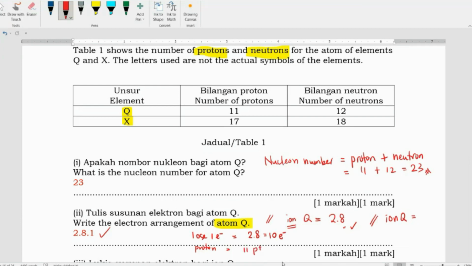Proton is positive, electron is negative. So 11 protons, 10 electrons. So what is the charge? Positive. Protons more 1 unit, so the charge becomes positive 1. In other words, the formula for the ion is Q positive. Is that okay, class?